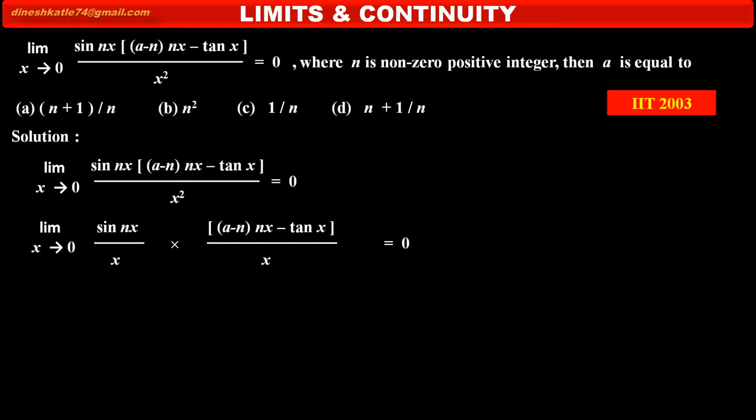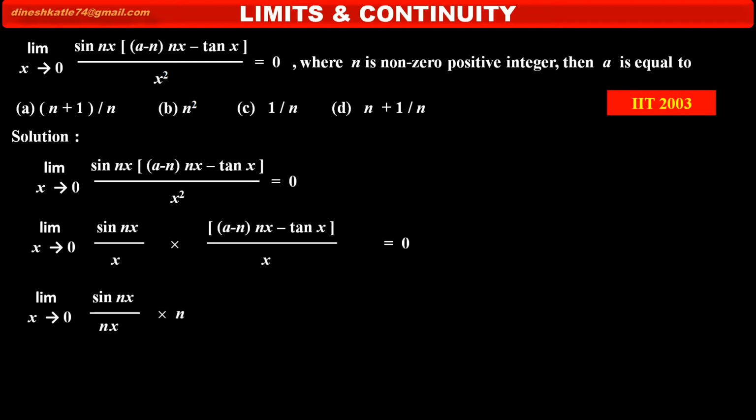So separating the limit for each factor, each expression, we get limit x tends to 0 sin nx upon denominator x.